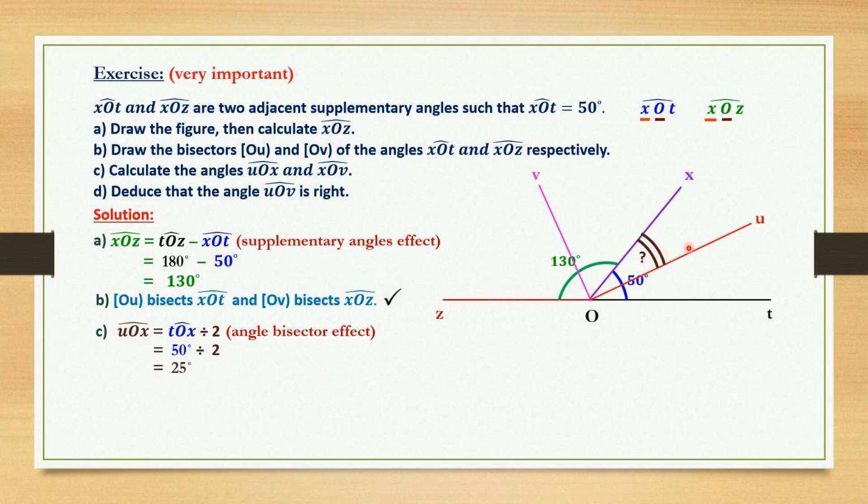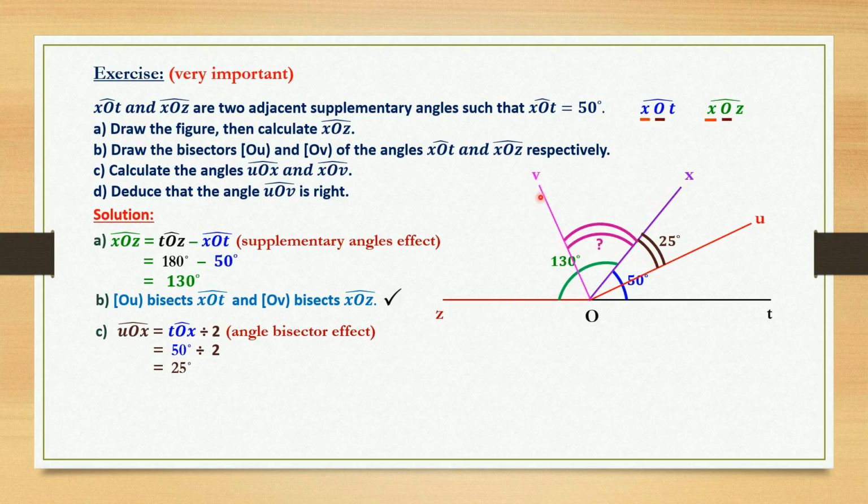So now we know the measure of XOU. We can write it on the figure in case we need it later on. Now let's calculate angle XOV, question mark. We know that OV is the bisector of angle XOZ. So OV divides XOZ into two equal adjacent angles, XOV and VOZ.